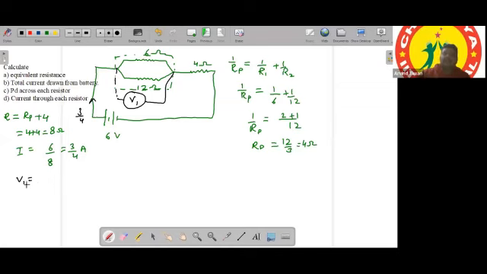So I can get the potential as V equals IR. Current I know as 3 by 4, and resistance is 4. So 4 and 4 cancel. You have 3 volt. Your voltmeter V1 will show a potential difference of 3 volt. You can cross check it.